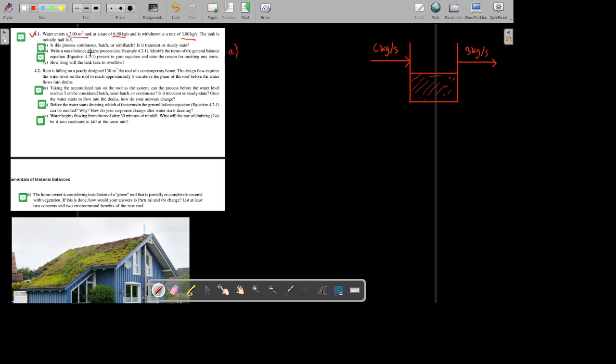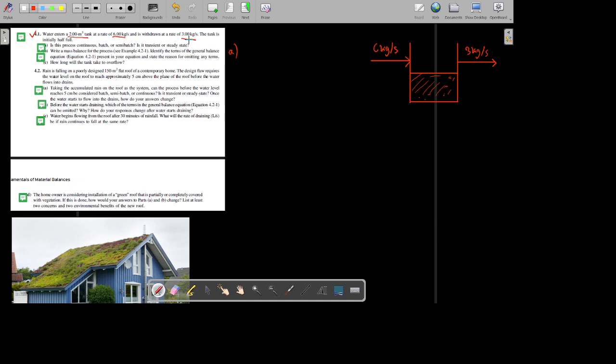Is this process continuous? Obviously the process is continuous because you can see there is an input and output flow rate given. For a process to be in continuous state, there must be an input flow rate as well as an output flow rate. You can see the input flow rate is 6 kg per second and the output flow rate is 3 kg per second.